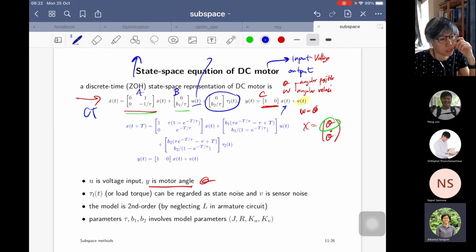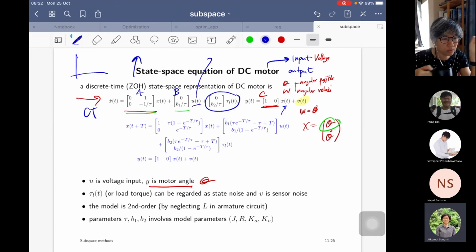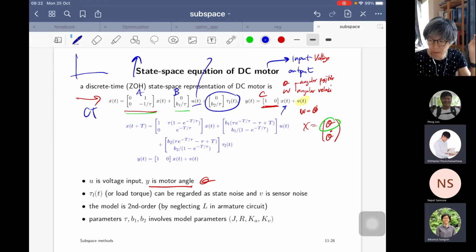All right. What's the principle of zero order hold, Sitipak? To transform the continuous time to discrete time. I know, but what is the principle of zero order hold? Because there are other methods as well. They will hold the signal. Hold what?